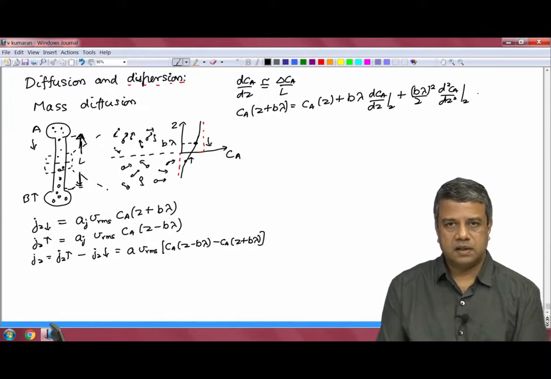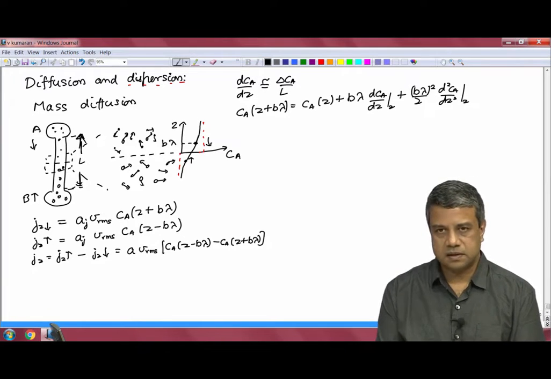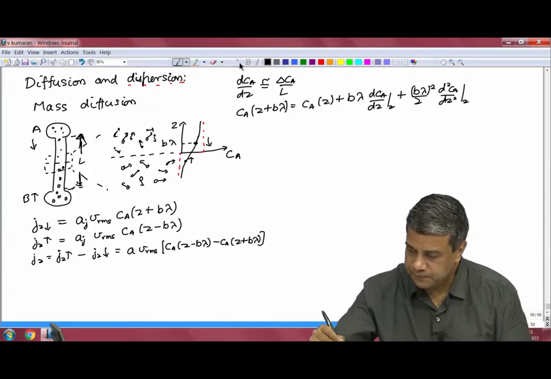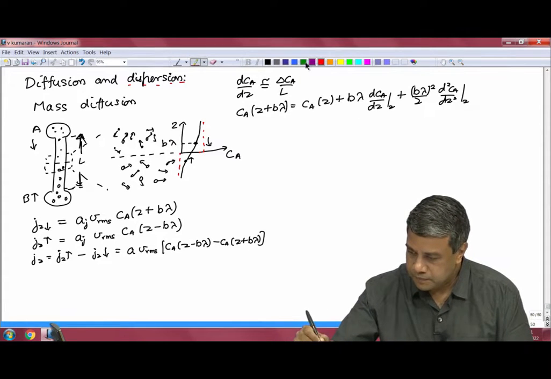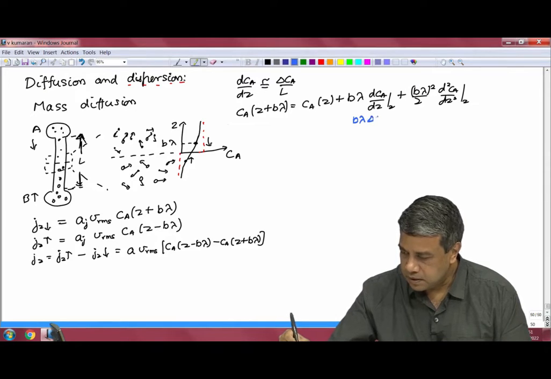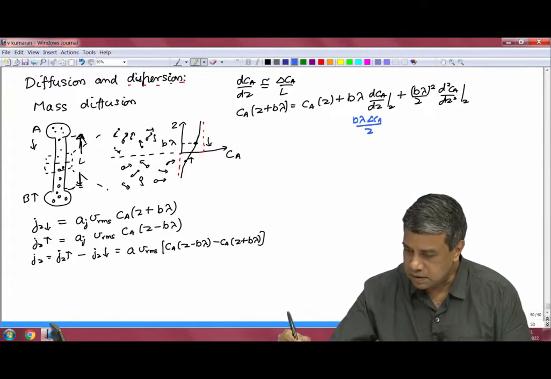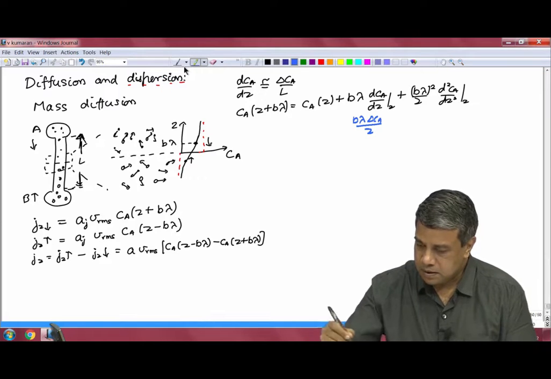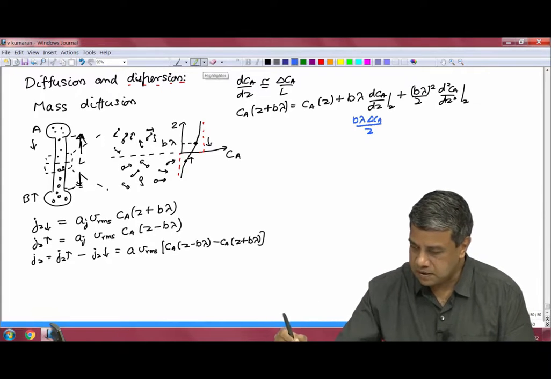Do a Taylor series expansion of this. You can see that this term scales as b lambda delta C_A by L. It scales as b lambda times delta C_A by L.